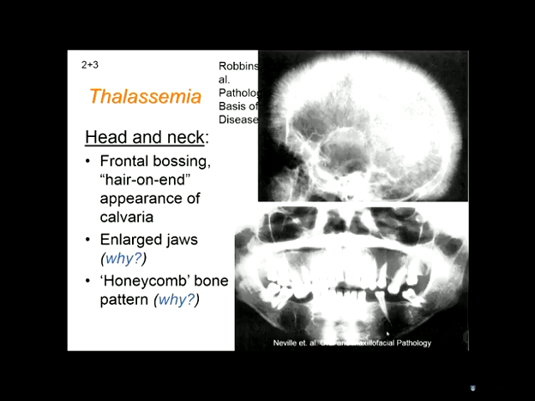But these patients have a lot of these areas, and they're very easy to see on radiographs. So the jaws are enlarged because there's extra bone marrow in these areas. There's also extra bone marrow in the skull itself, and that's partly responsible for this hair on end appearance.